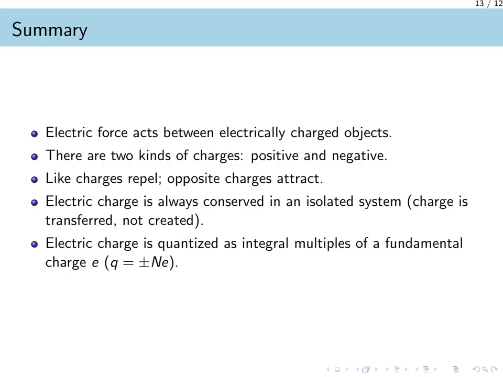First, electric charge is always conserved within an isolated system, meaning charge is only transferred from one object to another and is never created. Second, electric charge is strictly quantized, existing only as integral multiples of a fundamental charge, E, defined mathematically by Q equals plus or minus N times E.